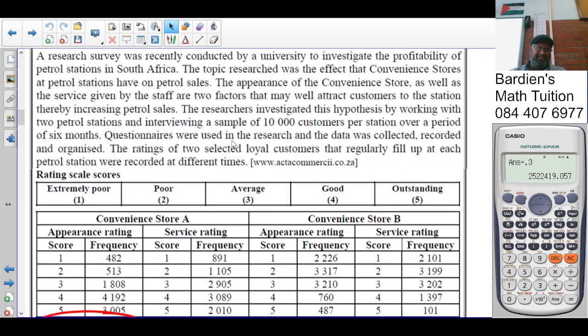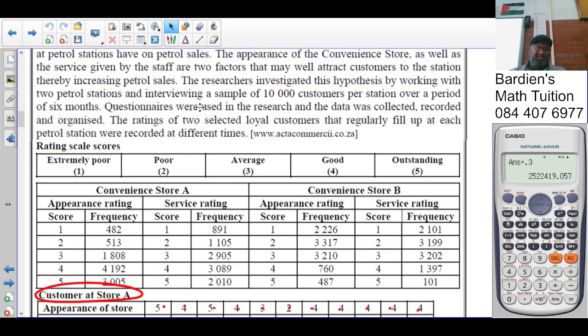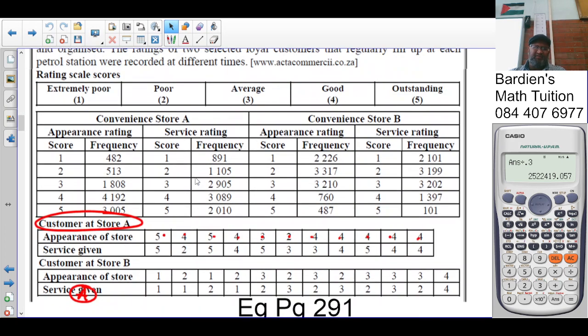Okay, we spoke about that in our previous lesson, and then we have the scenario here of a team of students who did some survey on two different petrol stations, or garages, convenience store at the petrol station. So we spoke also about the rating scale.